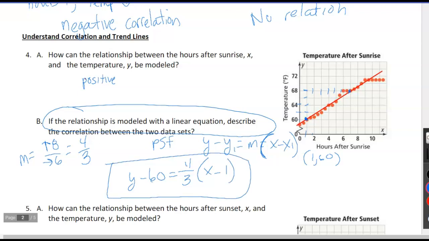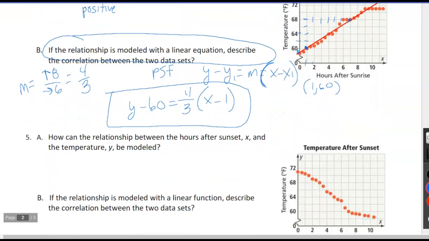And you could take this and do your distributive property and add 60. What you'd see is that it would give you a y-intercept of 58 and 2/3, I believe. Which, you know what? Are we 58 and 2/3 here? We're pretty close. But just leave it in point slope form, that's the best way to go.